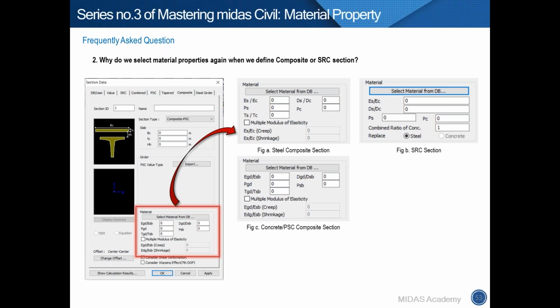Advantages of those sections are that we can get section properties before composite and after composite easily. And if we have a construction stage analysis, we can define the construction sequences in the same model file. So these sections have the material option that is highlighted here. So we have to select the material here.